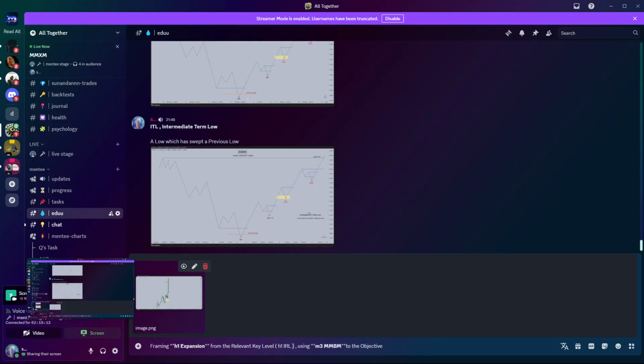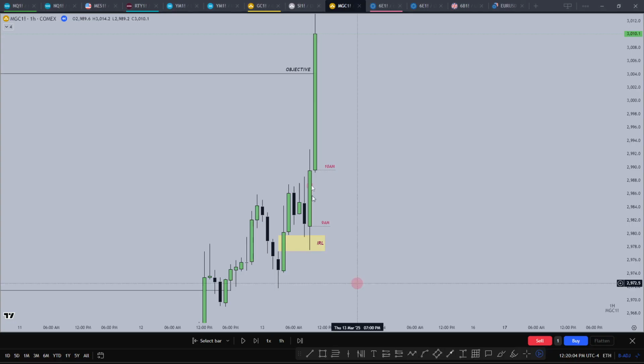So relevant key level is tag, right? So you then frame high time frame expansion from that key level using low time frame MMXM. This is the simplest example, IRL to ERL.